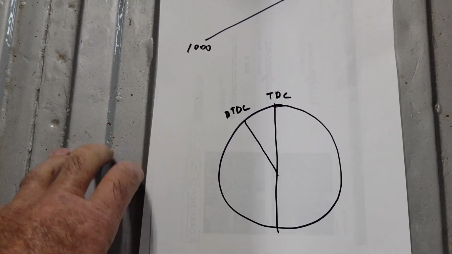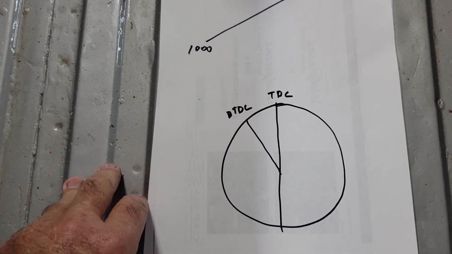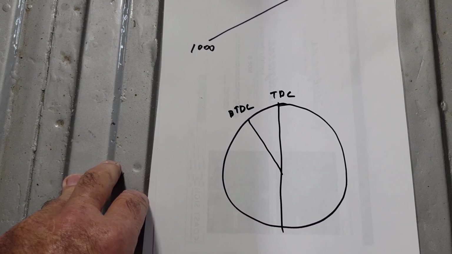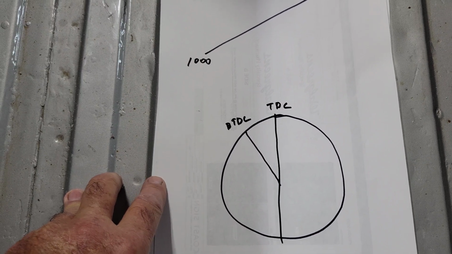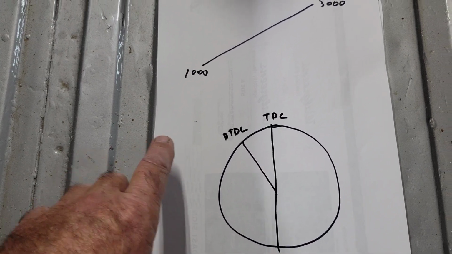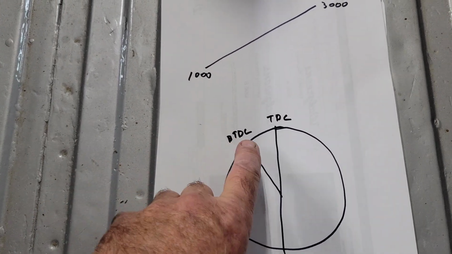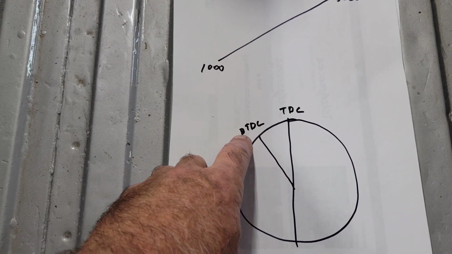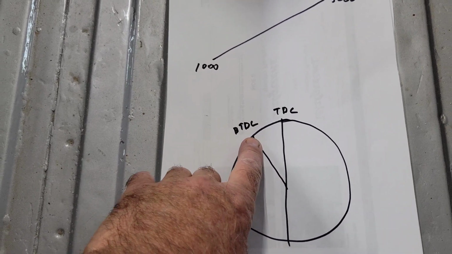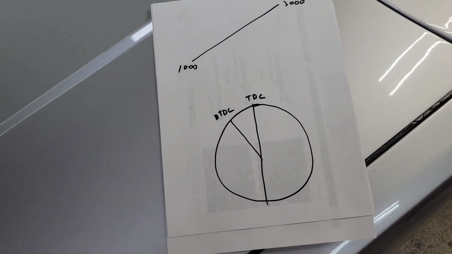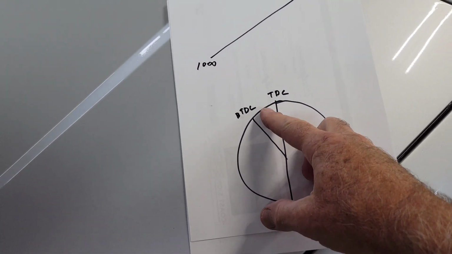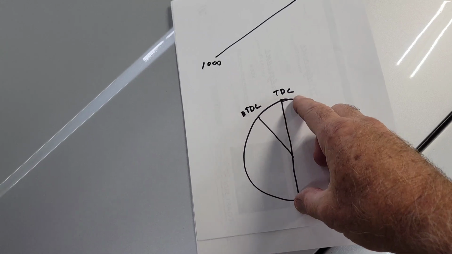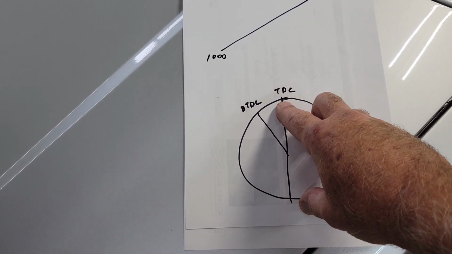So to understand this, you need to understand what timing is. Timing is actually the time that it takes for the fuel to burn. That's why you want your advance before BTDC, before top dead center. And how they do that is by degrees of movement of the pulley, of the crankshaft.